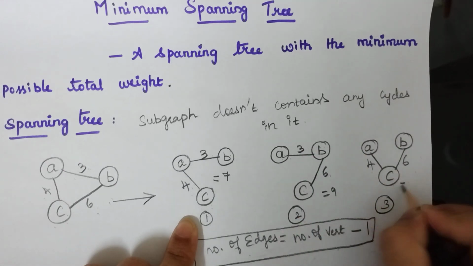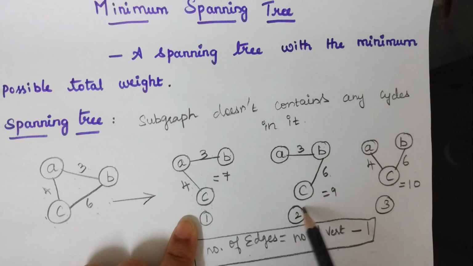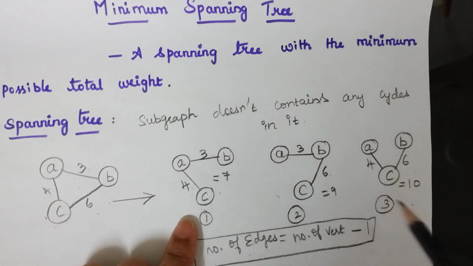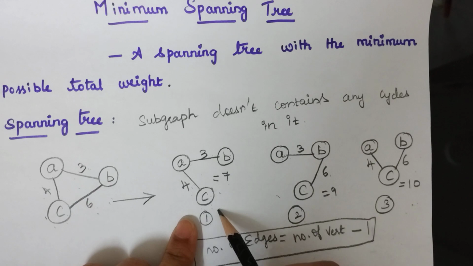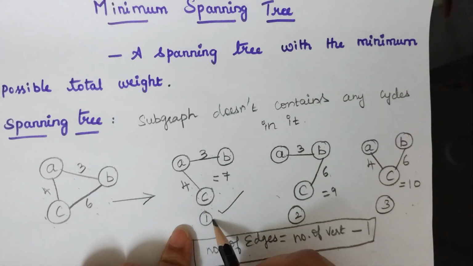And for this spanning tree, 6 plus 4, 10. So for this graph I have these many spanning trees, and all of them have some total cost. Among all these spanning trees, which one has the minimum cost? This spanning tree has the minimum cost here. Now I can consider this as my minimum spanning tree.